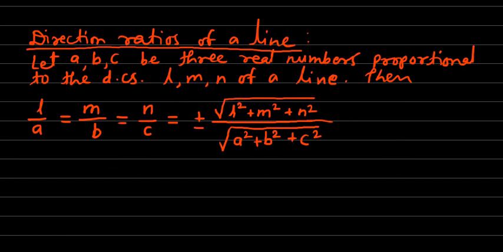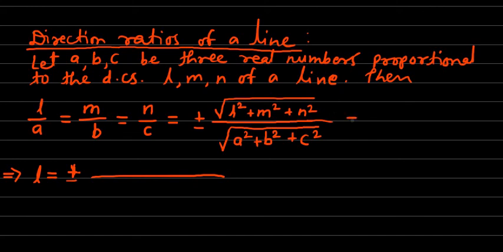From here, if we equate L by A, M by B and N by C separately with this right hand side, we get L equal to plus or minus. If we equate the first, L by A, with this, then A can be transferred to the right hand side, and we get plus or minus A upon the square root of A square plus B square plus C square. Why?